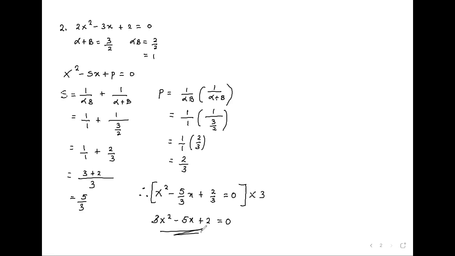In this paper there was nothing on discriminant. In the other paper there was nothing also on discriminant.